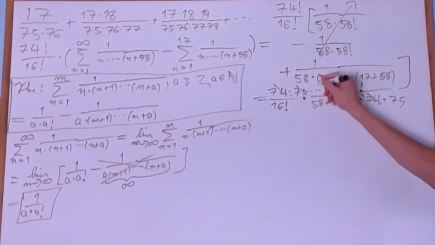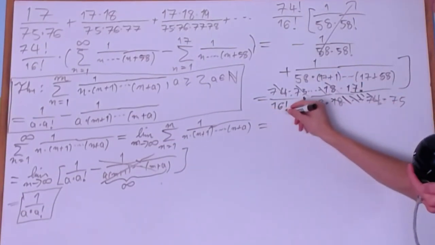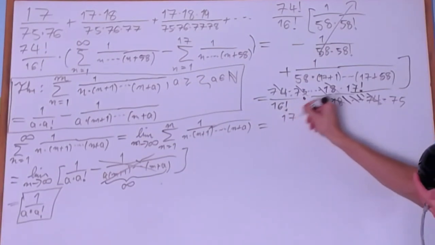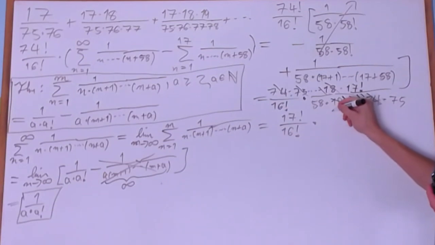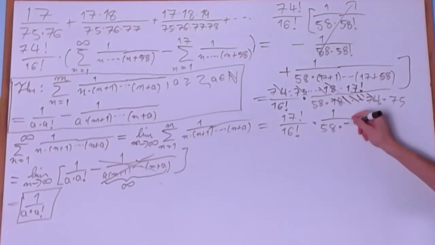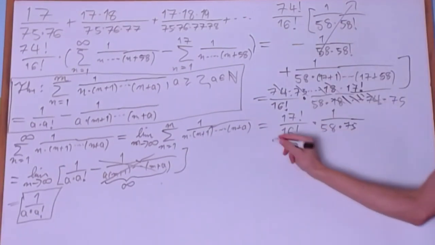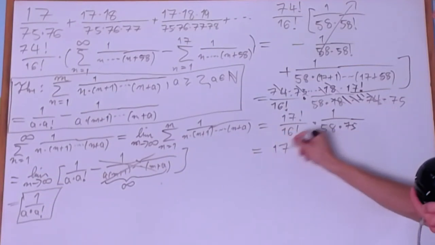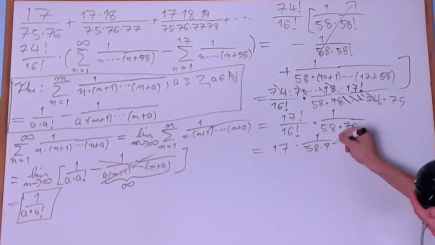Those all cancel with this. And what we're left with is, on the top, you'll have a 17 factorial. On the bottom, you'll have a 16 factorial. Over here, you'll have a 1 over 58 times 75. Those were the only things left. As you can see right here, that will just give you 17 times 1 over 58 times 75.